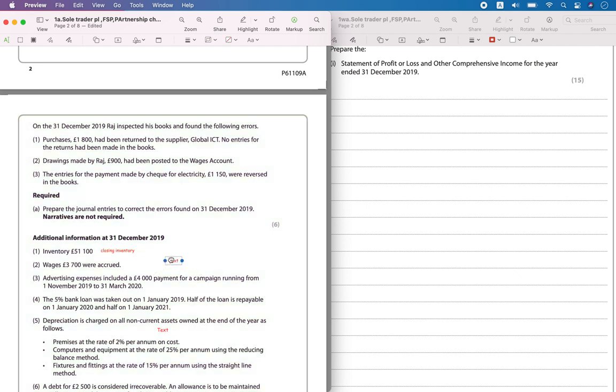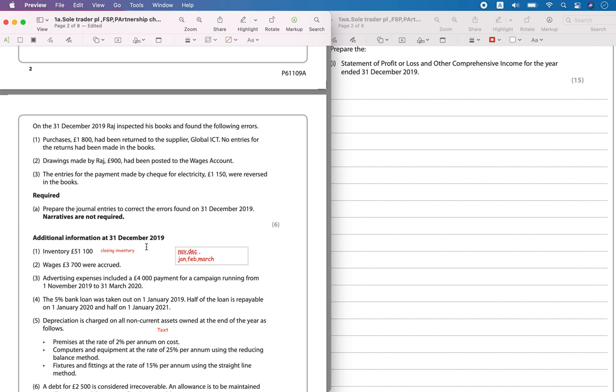The next is advertising expenses, which include a 4,000 payment for the campaign running from November to March. So let's write the months it was spent for: November, December, January, February and March. It was spent for 5 months.